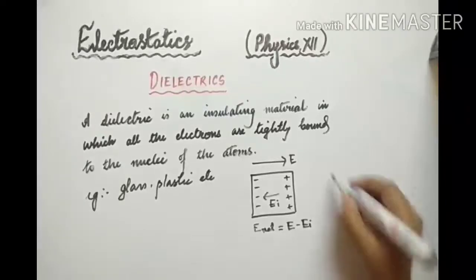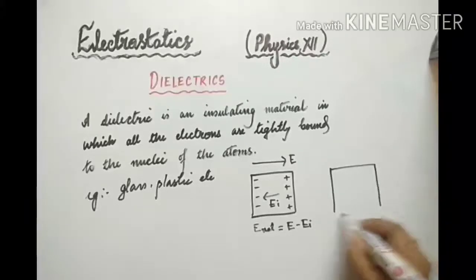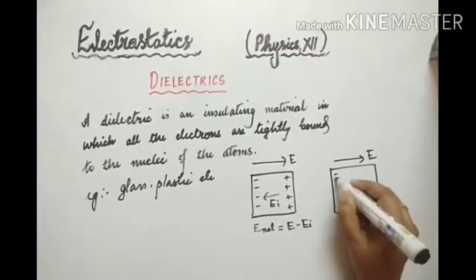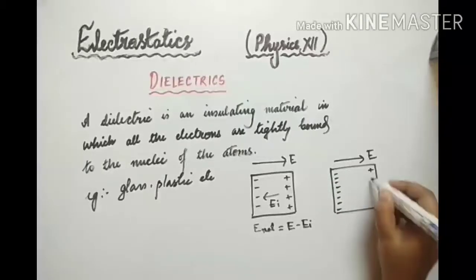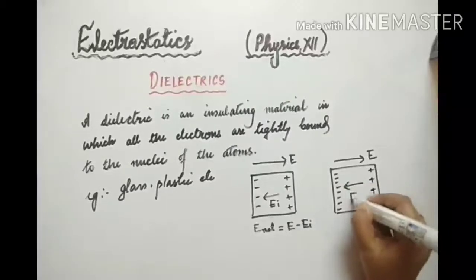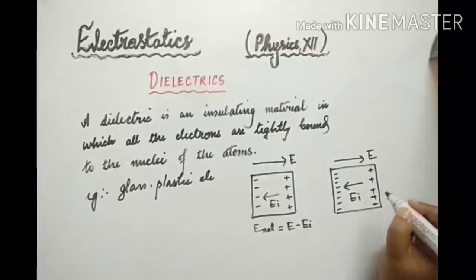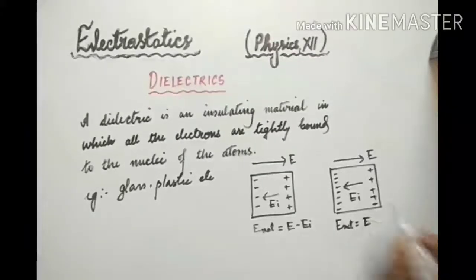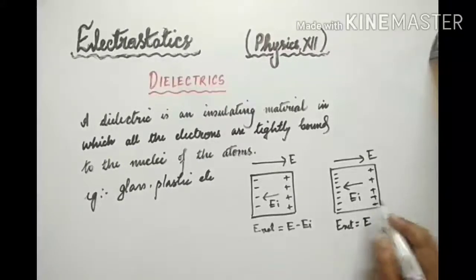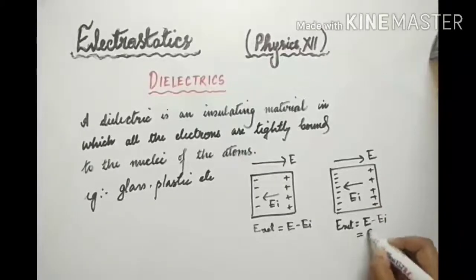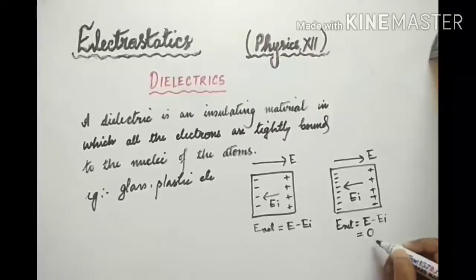But in a conductor, what happens? When you place a conductor in an electric field, all the negative and positive charges align in this manner, and again another E induced is created. But here the induced electric field is equal and opposite to the external field, and hence the net electric field becomes 0.